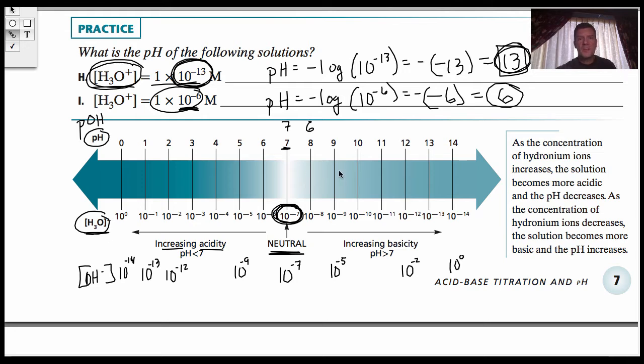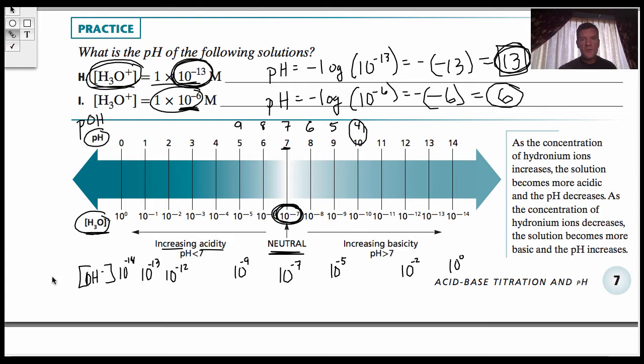Here, 10 to the negative 9 has a pH of 9, the pOH is going to be 5. 10 to the negative 10 has a pH of 10, the pOH is going to be 4. These numbers are always going to add up to 14. As we go the other direction, as the pH decreases, if the pH is 6, the pOH is 8. If the pH is 5, pOH is 9, and so on.